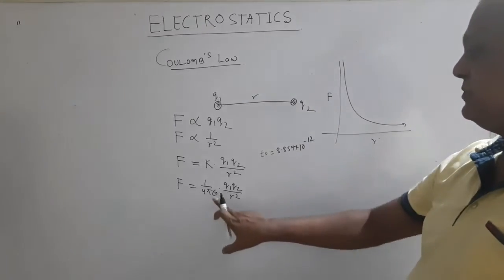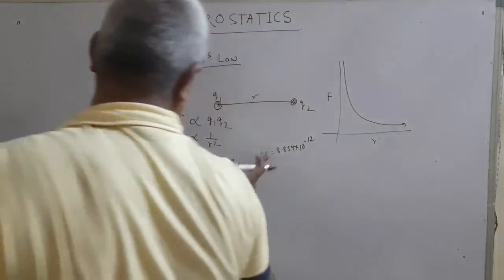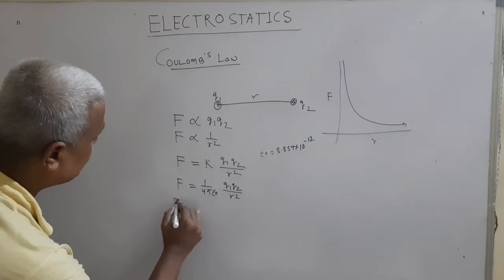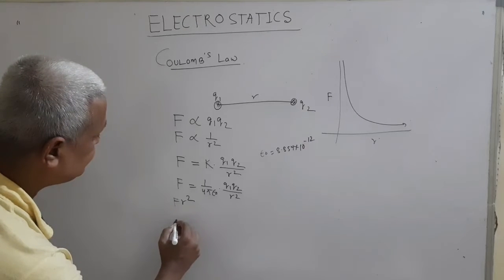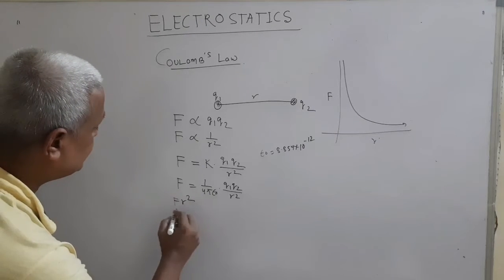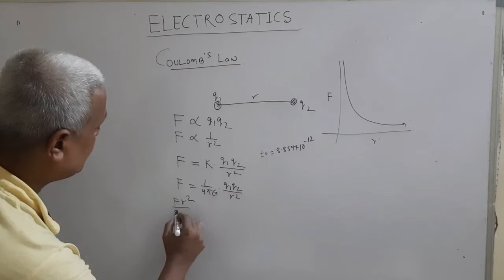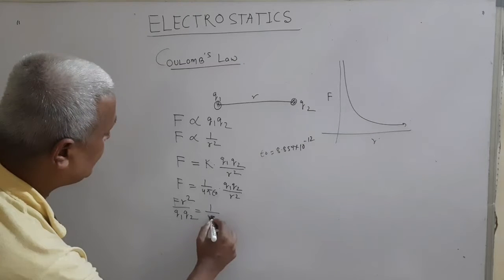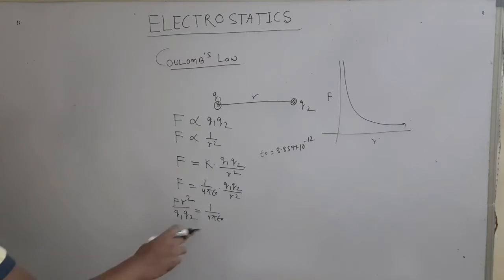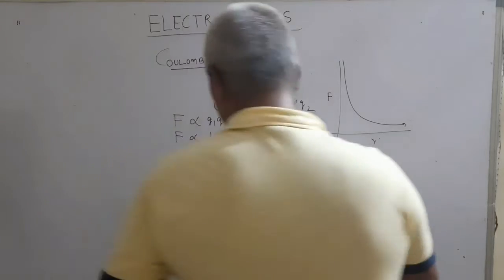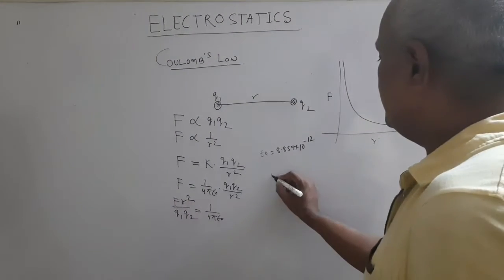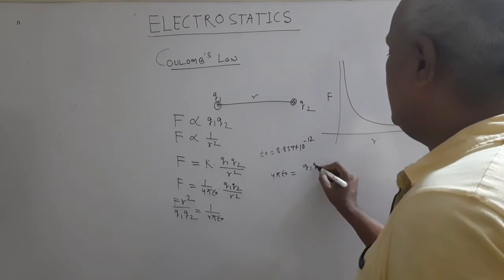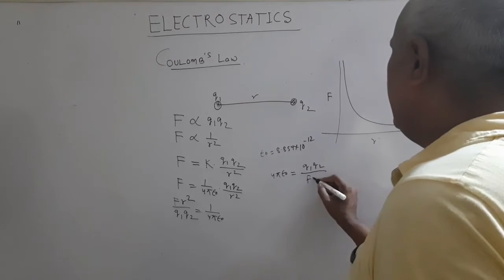And what will be the unit of this epsilon, and how do we find it? Suppose I say this becomes F R square upon Q1 Q2 is 1 by 4 pi epsilon naught. Now we reciprocate it, and we find that 4 pi epsilon naught is Q1 Q2 over F R square.